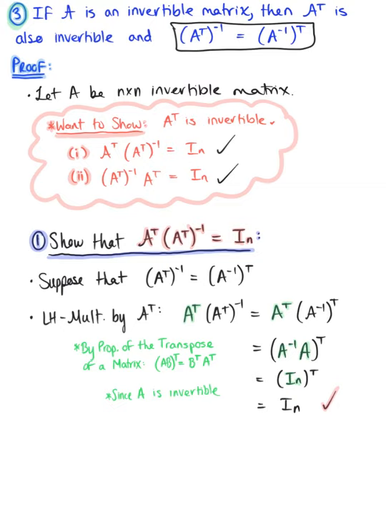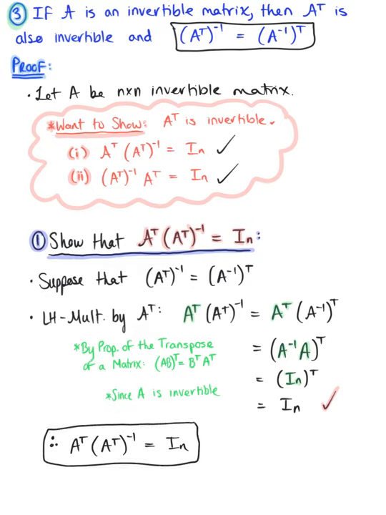Woohoo! And so we can conclude that, therefore, the transpose of matrix A multiplied by the inverse of the transpose of matrix A is the n by n identity matrix. And case 1 is done.